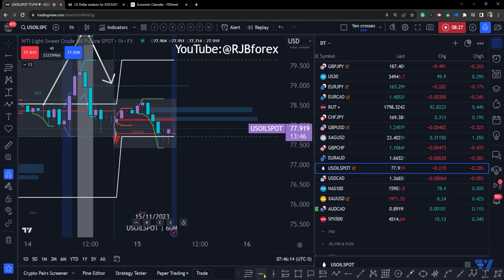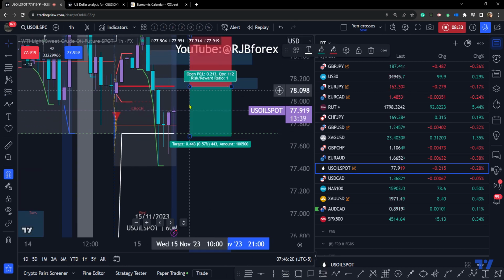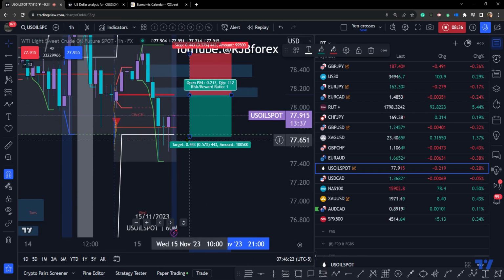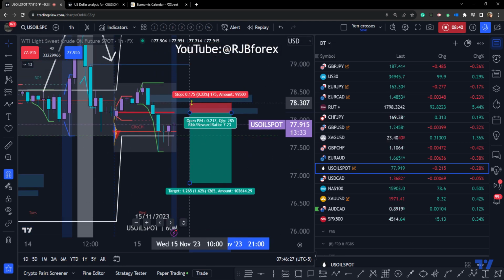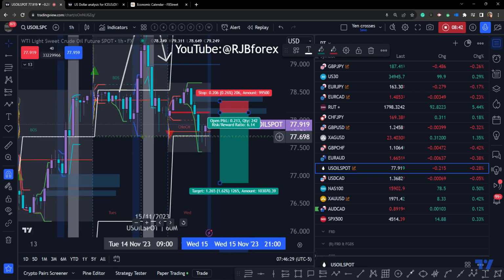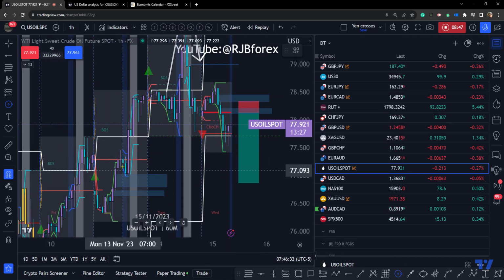So a nice setup would be, for instance, to short from that closing price, targeting a measured move to the downside, asymmetrical risk to reward, looking left, looking at areas of potential demand, such as here.